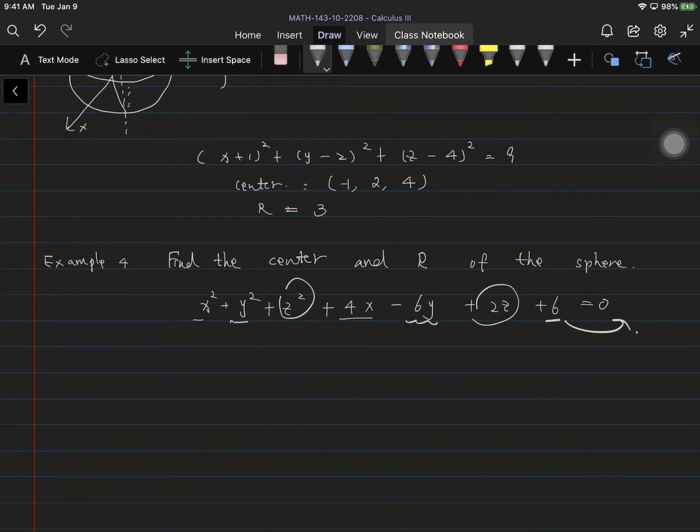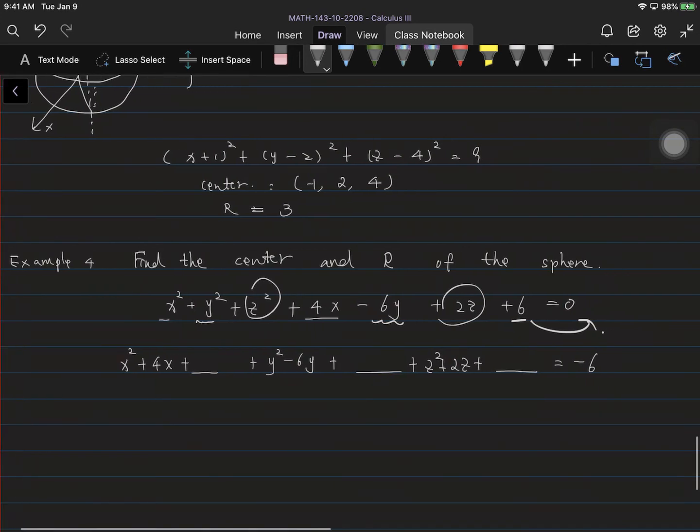So: x squared plus 4x, with a little space, y squared minus 6y, another space, and plus z squared plus 2z, a space here, and when we move 6 to the right side, it's -6.